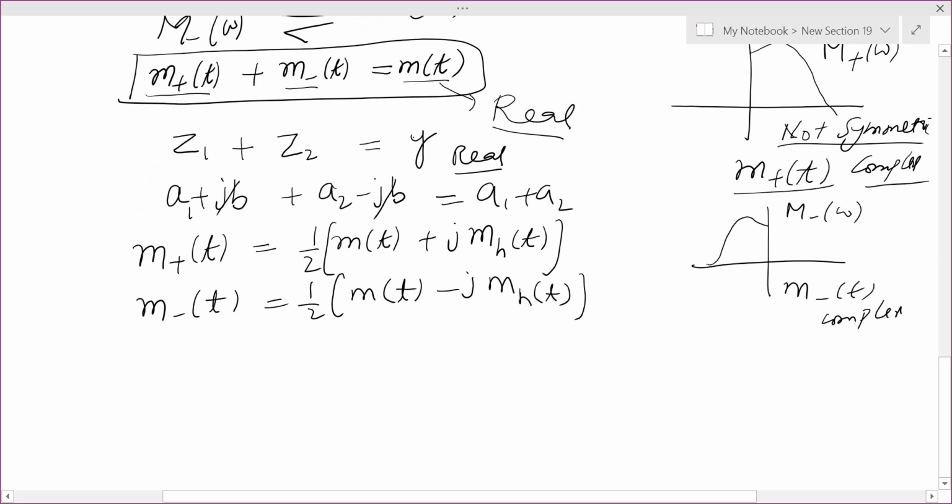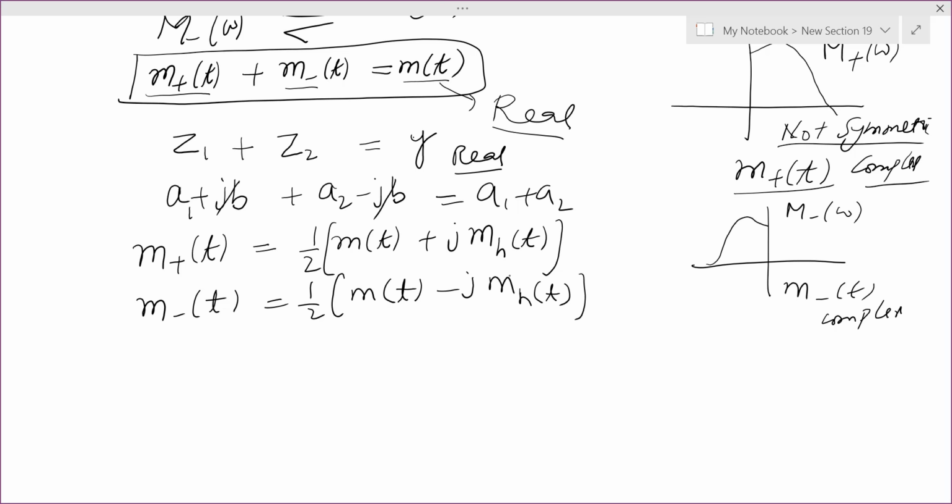In this form I have represented the message signals corresponding to the upper sideband spectrum and the lower sideband spectrum. You see it satisfies all the properties. M plus of t plus m minus of t is m of t, mh gets cancelled, and both are complex. Hence it is justified that their Fourier transform is not symmetric.